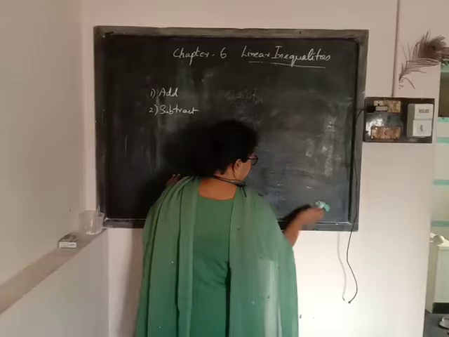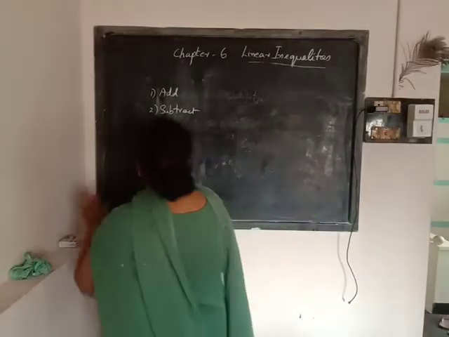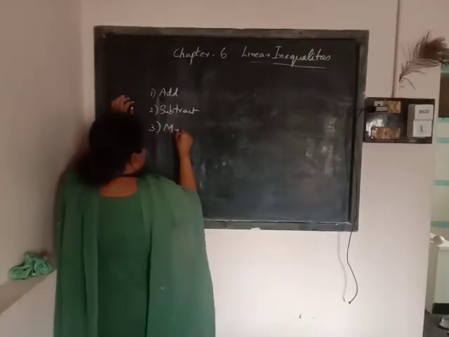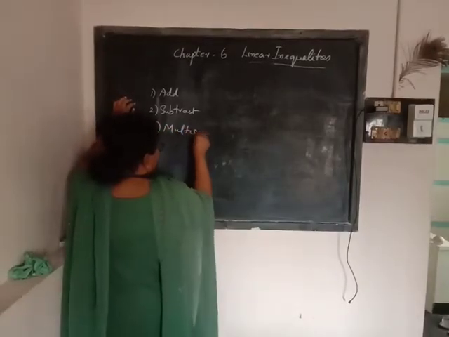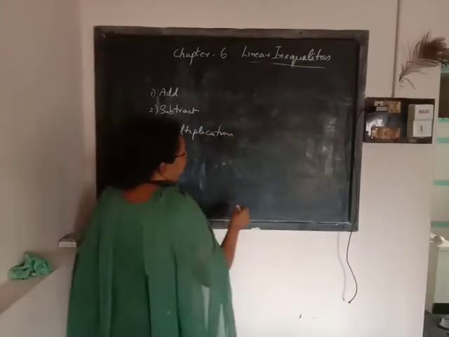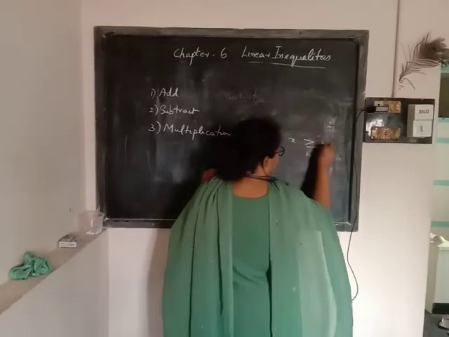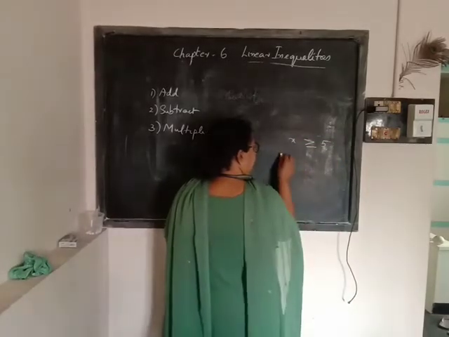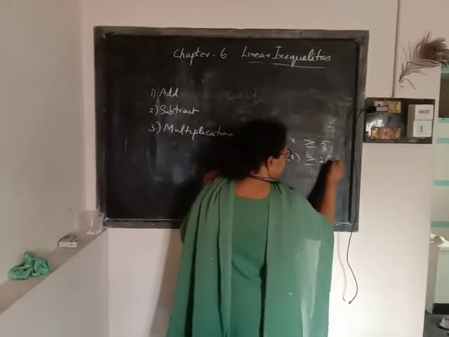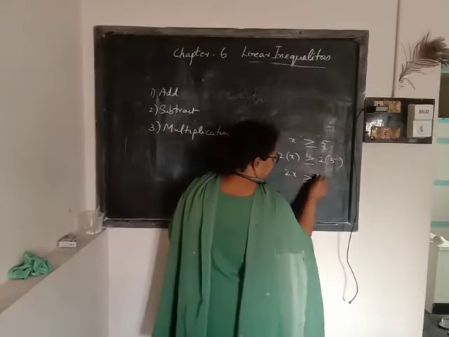Now what about multiplication and division? The division we have already come through. So multiplication also we can do. For example, if x is greater than or equal to 5, if you multiply both sides by 2, what is it? 2x greater than or equal to 10.